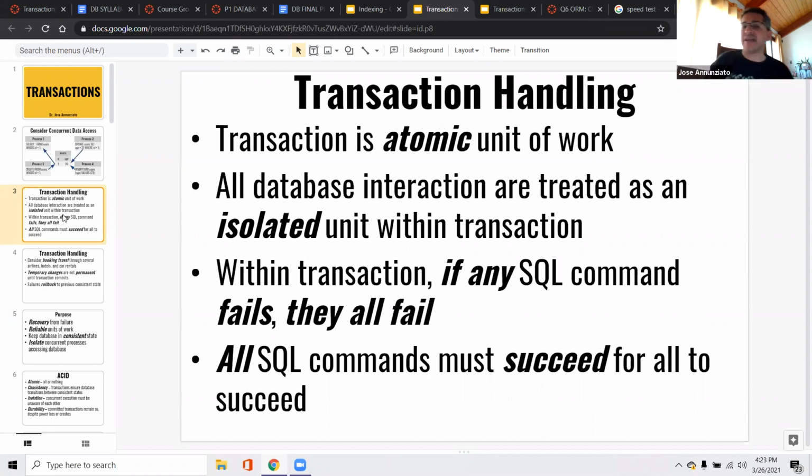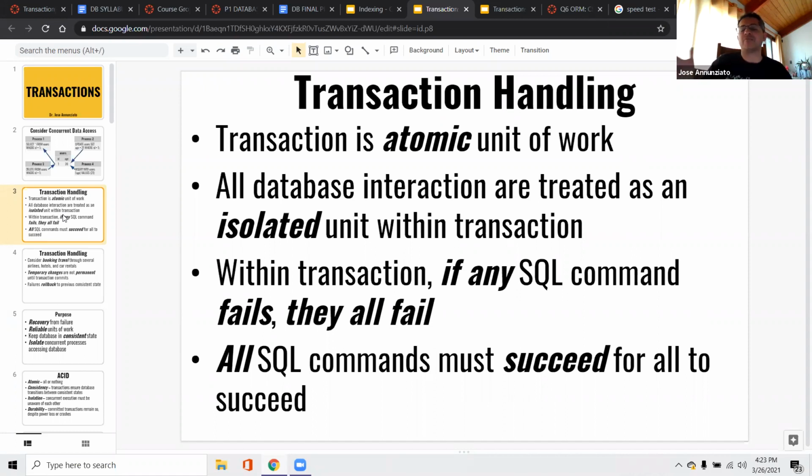Because if we couldn't group together these 2 operations, then just imagine the operation occurs where we are transferring $100 from account 1 to account 2, and we were able to debit one account with $100.